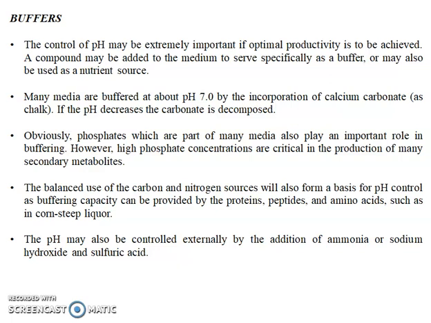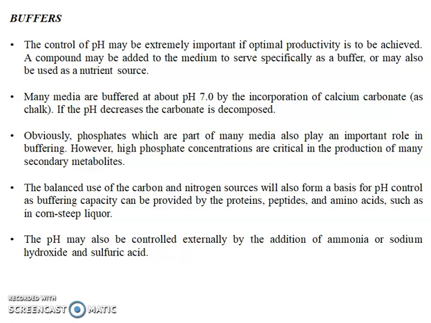Any of the materials that we add as a nutrient source will also support the pH. Many media are buffered at about pH 7 by the incorporation of calcium carbonate, common chalk. If the pH decreases, the carbonate is decomposed. So many of the media we set for pH 7 by incorporating calcium carbonate.